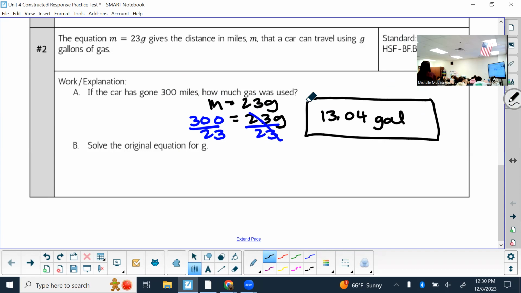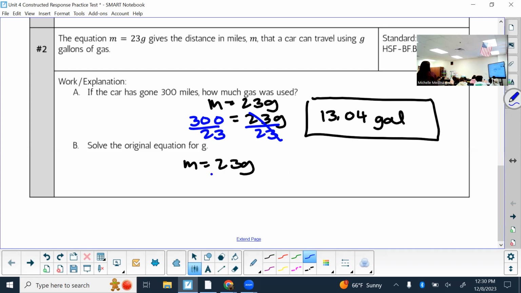Now for the next part, it says solve the original equation for G. So this is the original equation. Anytime I'm solving for a variable, what do I want to do to that variable? You want to isolate it, so you have to undo what's being done. So what's the opposite of multiplying 23?